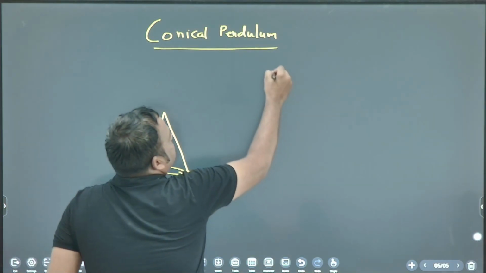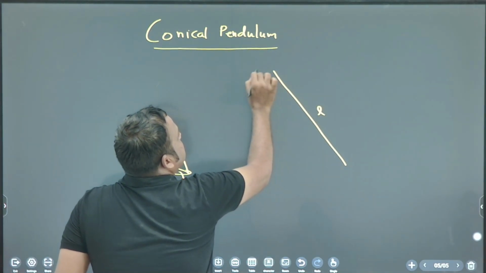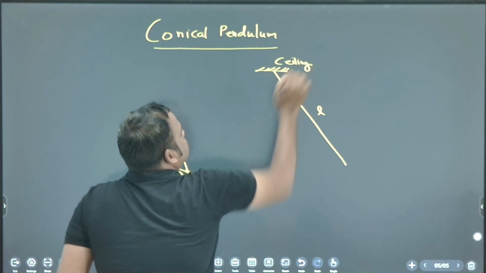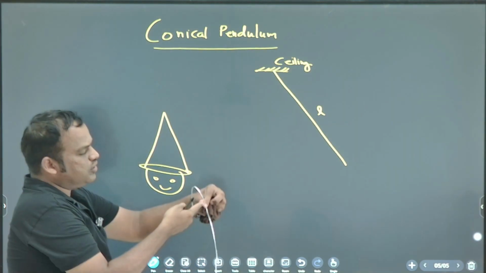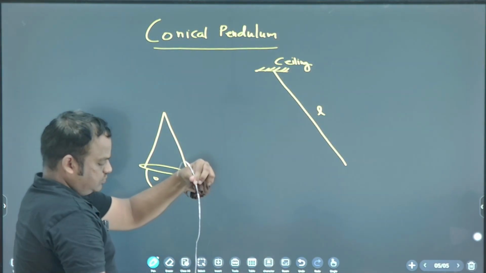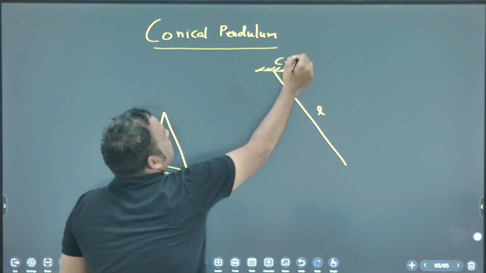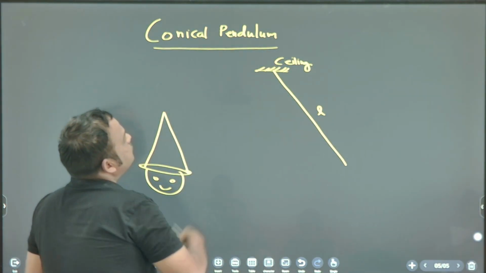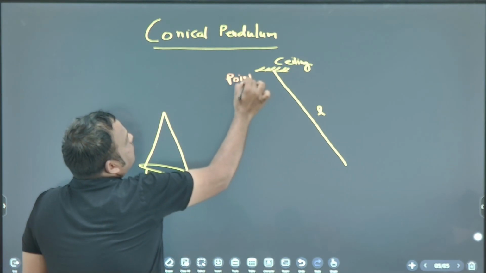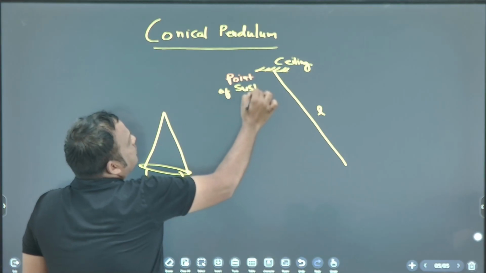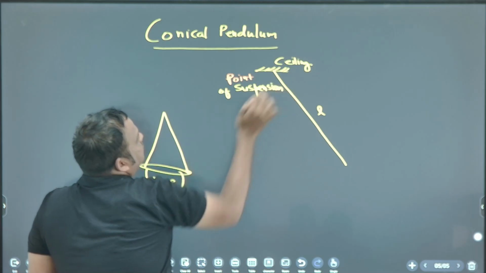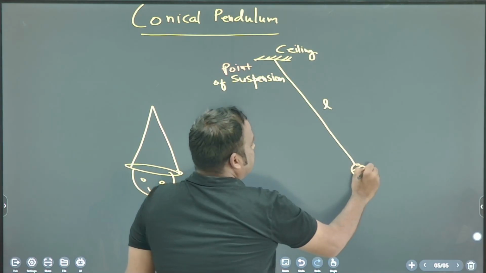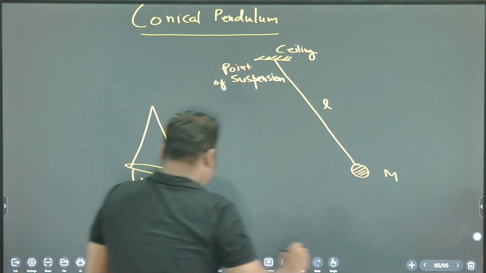So the free body diagram will be like this. This is the string, the length is this. Now this is the point of suspension. You can call it the ceiling. I am holding here. It is suspended from here. Now this is the ball, mass of the ball m.